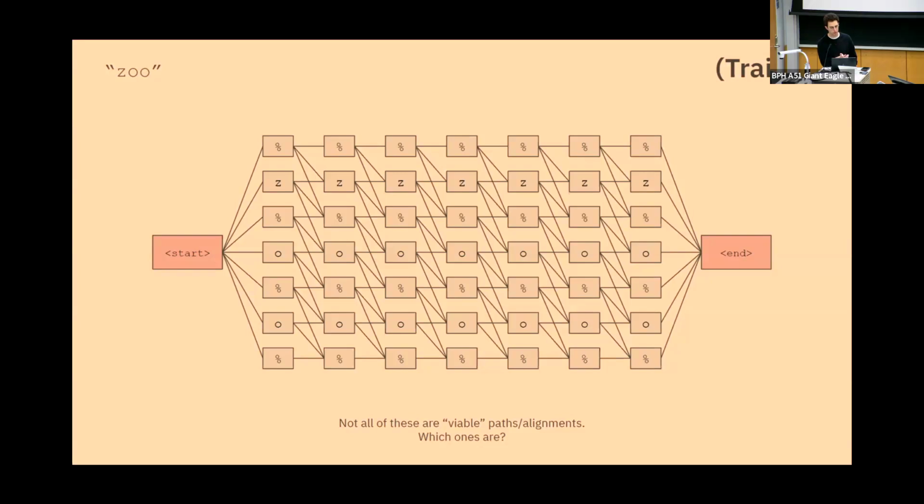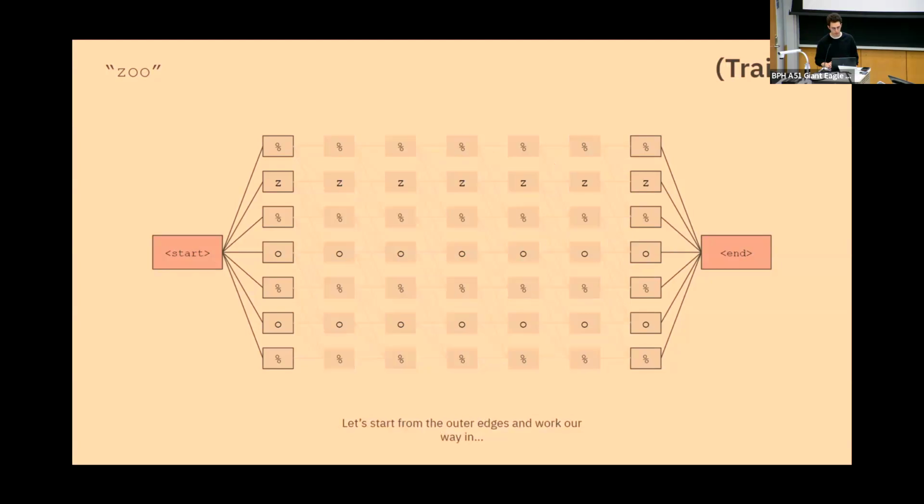But you might notice when you look at this that based on some of the rules that we introduced, for instance monotonicity, all of these paths aren't necessarily viable, and they're also not viable because you won't be able to get to the actual end of the sequence in time. If you just have a break character the whole time, you won't be able to get to the final O, for instance.